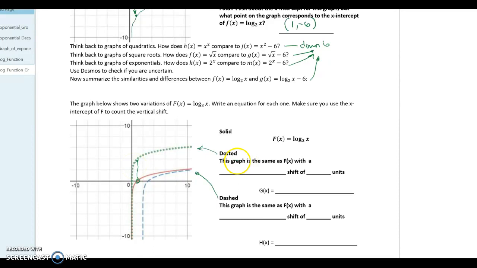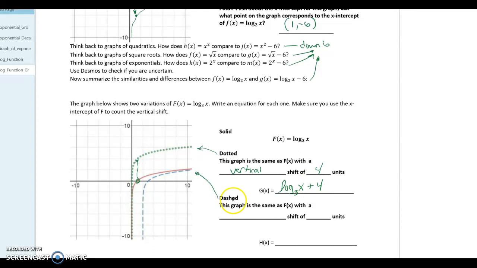So that red to the green dotted one, that graph is the same with a vertical shift of, looks like again, 4 units. So I'm moving it up 4 units. So I think that equation would be log base 3, because I didn't move it right or left, I don't worry about putting anything inside the parentheses. And then I'm just going to go up 4.